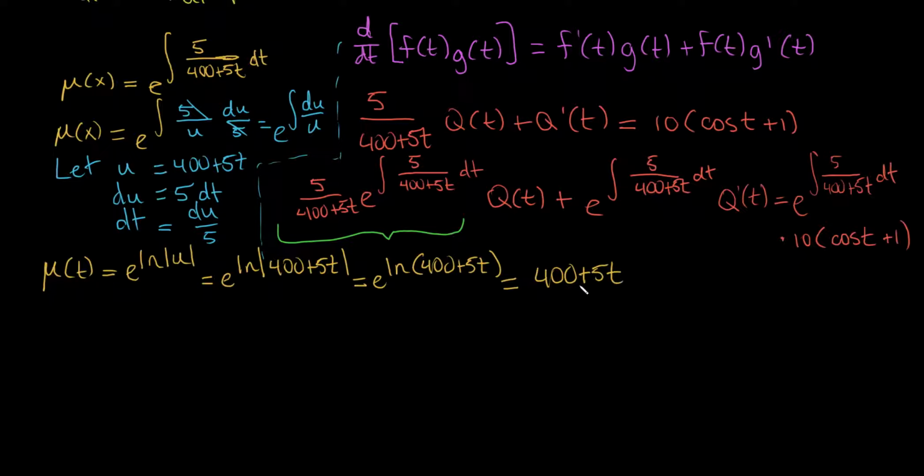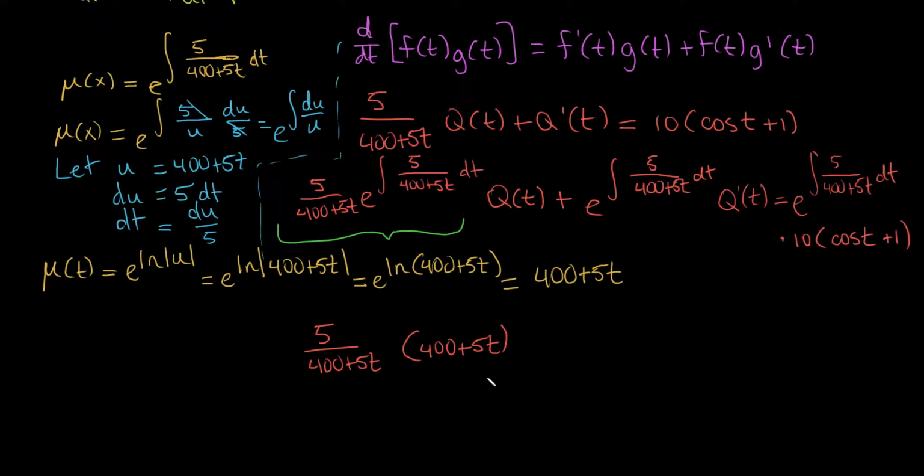5t. So now that we have this, we can multiply this in, and we can substitute it in for this e thing. So what do we notice when we do that? Well, let's rewrite this. So we have 5 divided by 400 plus 5t times e to this, but we know that e to that, which is this mu function, is just 400 plus 5t.